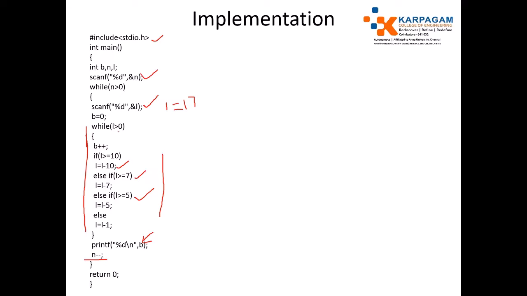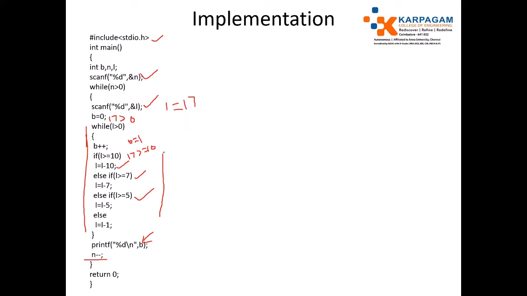It will come into the while loop. Now 17 is greater than 0, so it will enter the loop. It will increment the count. Initially b equals 0, now b equals 1. Check L greater than or equal to 10. 17 is greater than or equal to 10, so just subtract it.